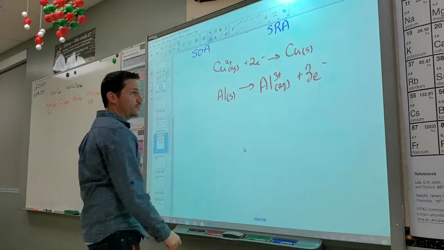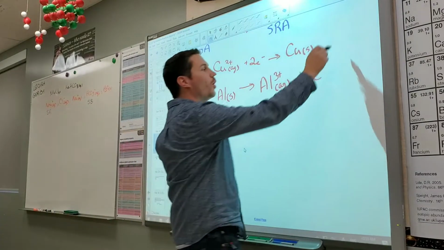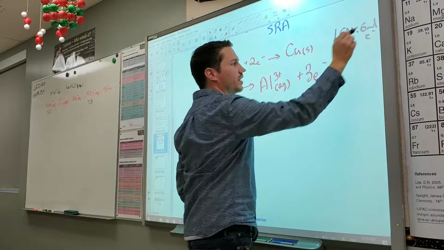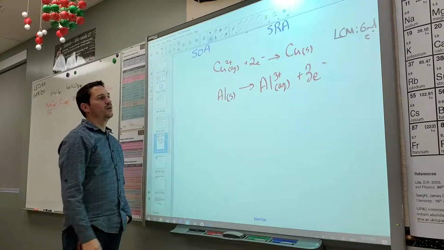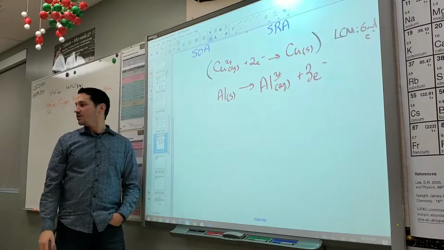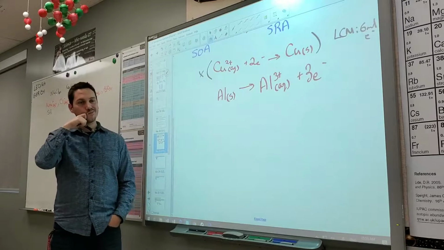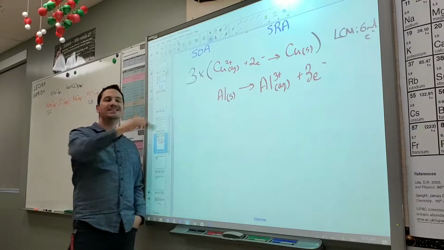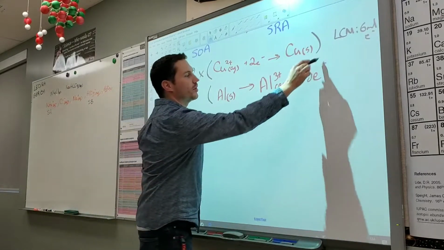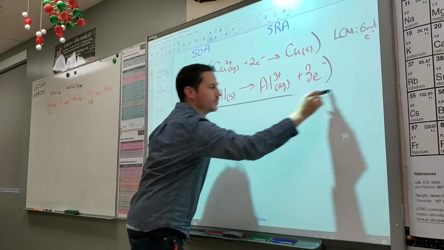Okay. So we've identified that the lowest common multiple is 6 moles of electrons. So we have to multiply the top reaction by what? 3. That means everything in that half reaction gets multiplied by 3. And we have to multiply the bottom half reaction by 2.